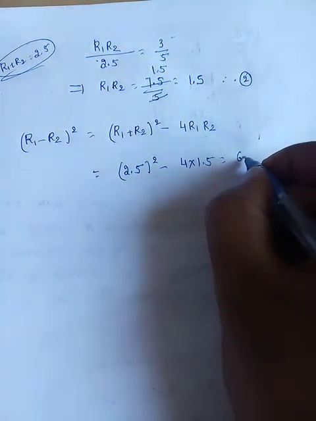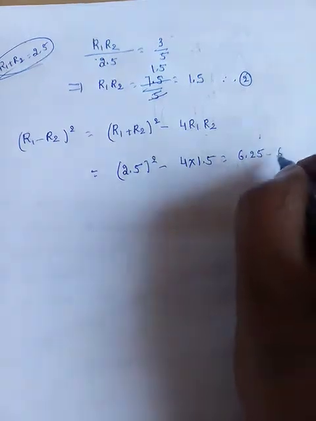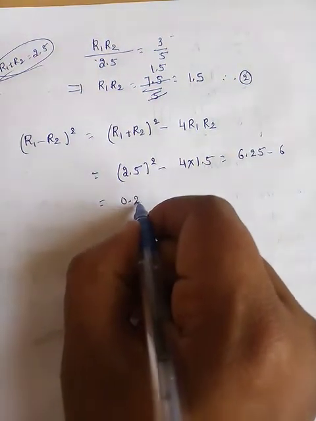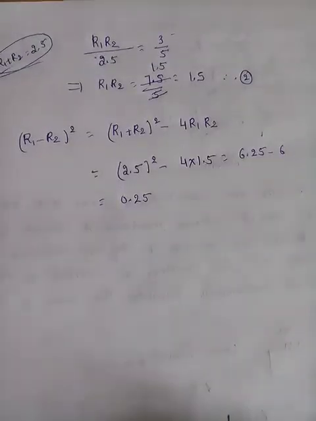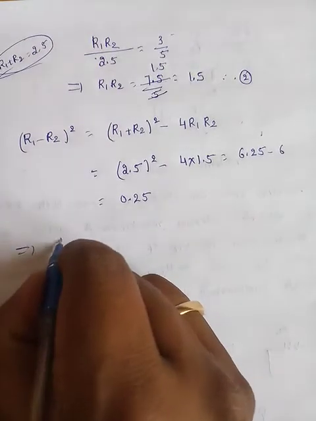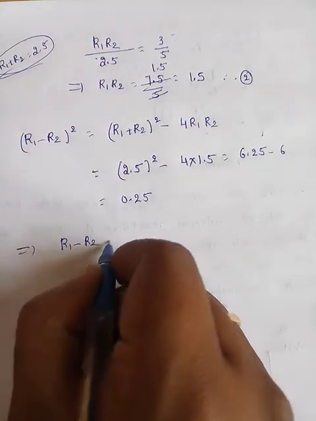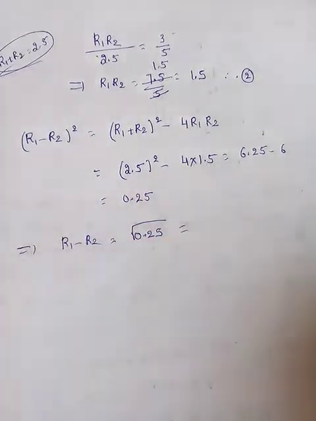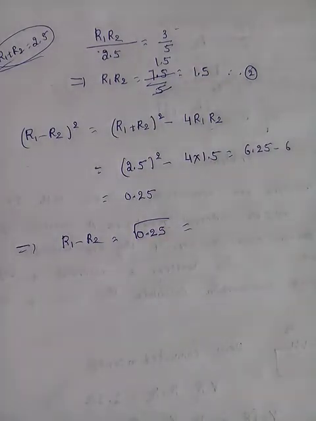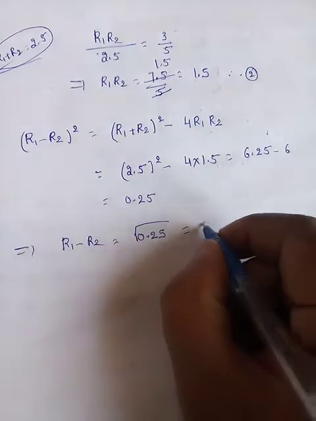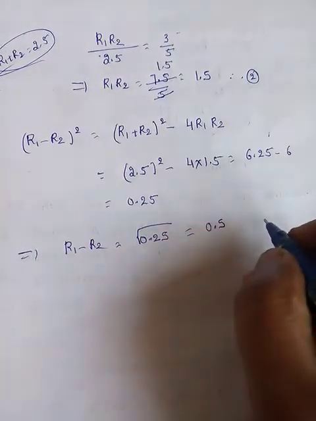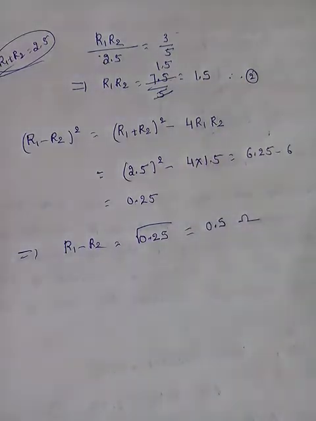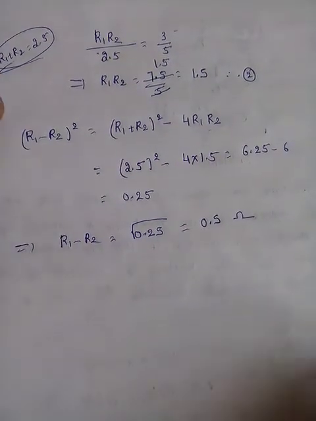So 2.5 whole square is 6.25, minus 6, you get 0.25. From this, R1 minus R2 equals root of 0.25. Root of 0.25 is equal to what? 0.5. So we got R1 plus R2 and we got R1 minus R2.